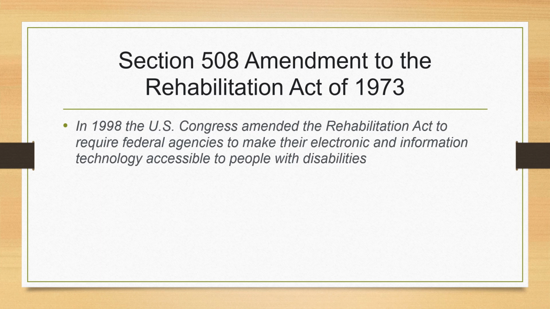And there is another important term, the Section 508 amendment to the Rehabilitation Act of 1973. In 1998, the US Congress amended the Rehabilitation Act to require federal agencies to make their electronic and information technology accessible to people with disabilities.